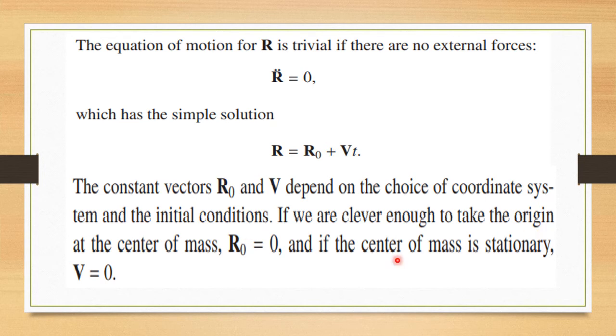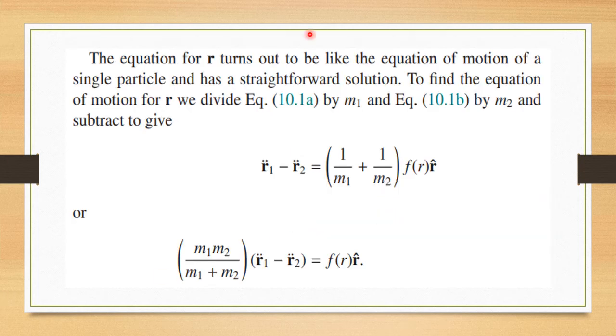So if we choose the origin at the center of mass, then R0 will be 0, and if the center of mass is held stationary, we can take v also as 0. This depends on our choice of the coordinate system. Now the equation for r turns out to be like the equation of motion of a single particle and has a straightforward solution.